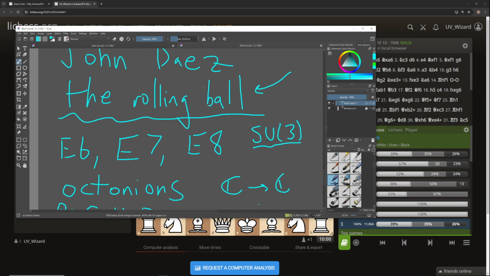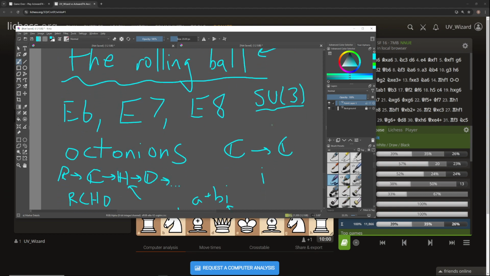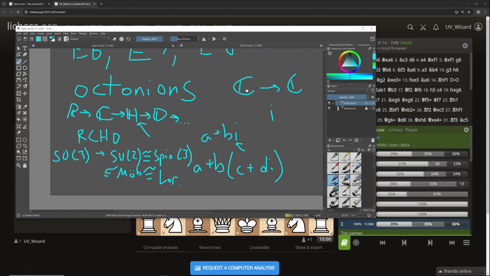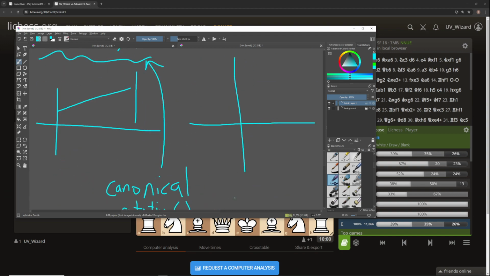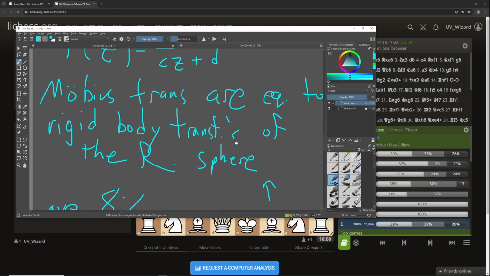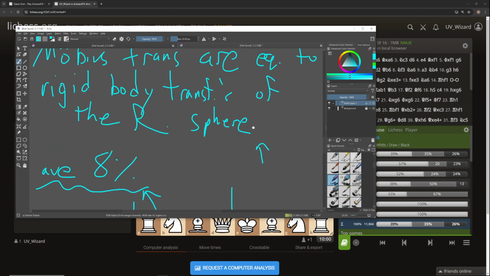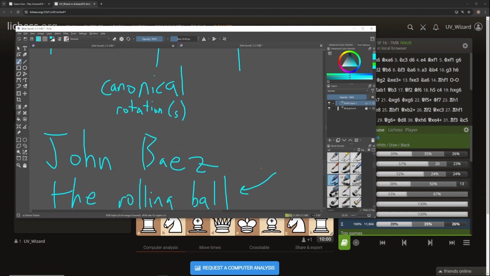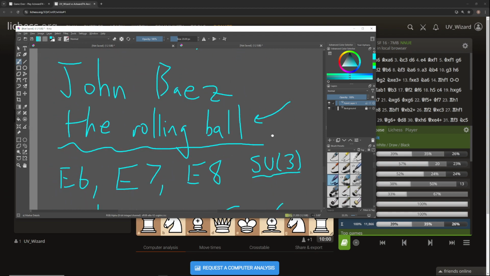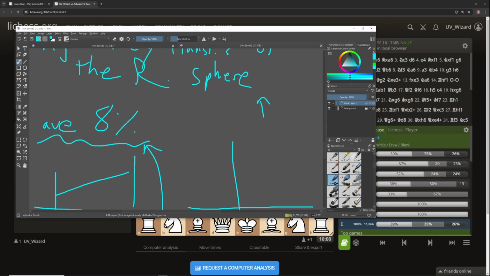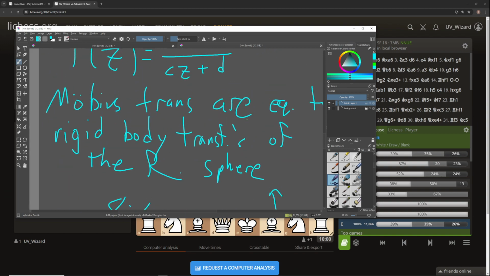And anyway, the rolling ball, excellent way to try to understand octonions. Absolutely fantastic. And I'm thinking of this rolling ball as the Riemann sphere, a Riemann sphere rolling around on another Riemann sphere. And you get some weird things, because when a ball rolls on another ball, we're imagining it's not sliding on the ball.